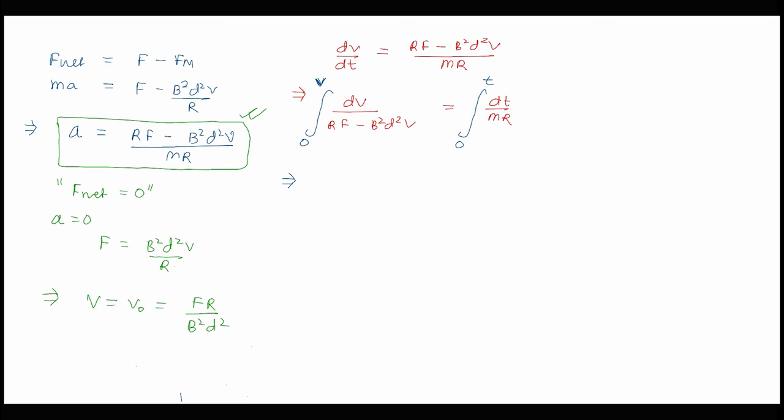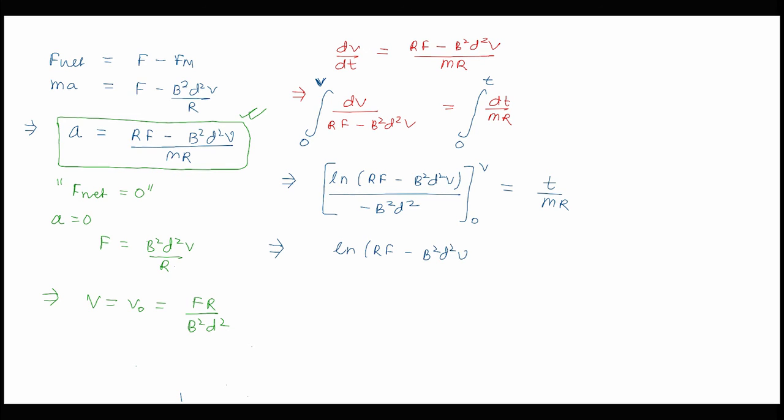If we integrate this, we will obtain ln of (RF minus B squared d squared v) upon minus B squared d squared, where the upper and lower limits are v and 0, which is equal to t upon mR. If we substitute the values, we obtain ln of (RF minus B squared d squared v) minus ln of RF.